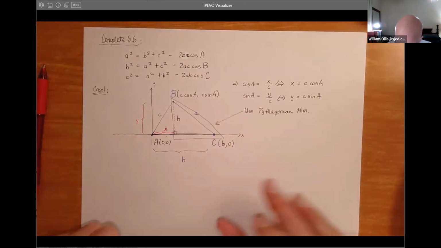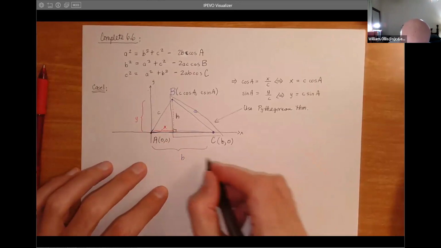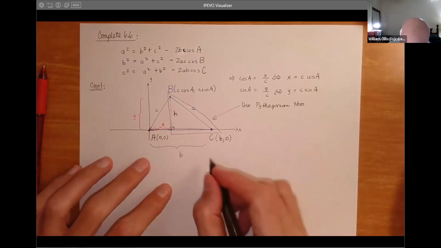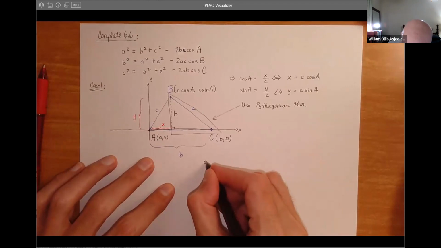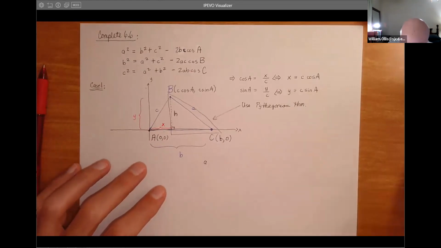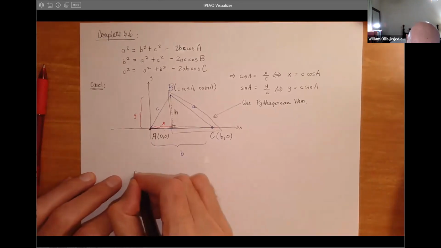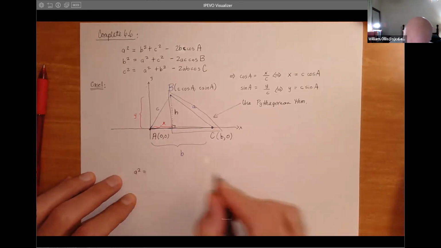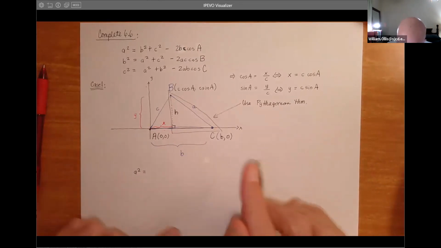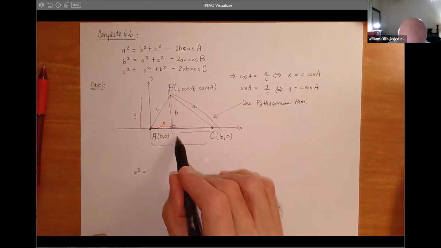So now let's go ahead and fill it in. And we'll just write it down here, and I'll do the other one on a separate sheet of paper to spread it out. So we have what? A squared. Well, let me start over here so I don't run out of room. So we have a squared, which is the hypotenuse squared. And notice the length here, we have to do a little bit of algebra.